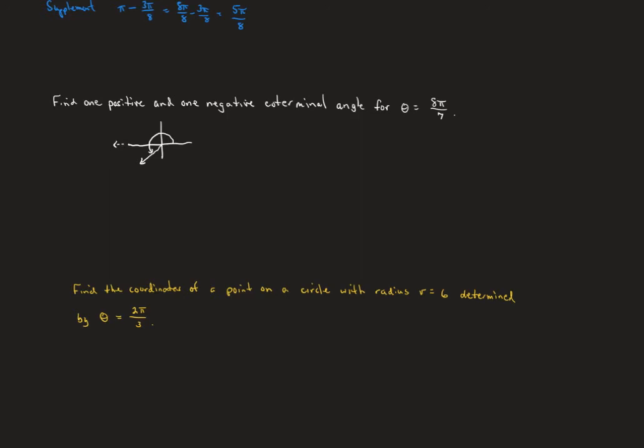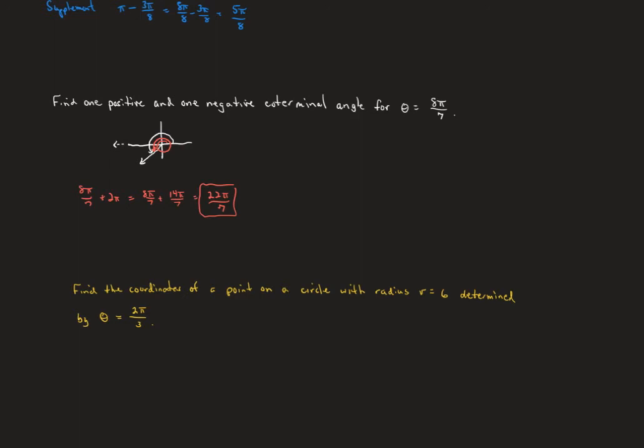To get a coterminal angle, we can take our theta and just add 2 pi to it. That is, we'll go around the circle once and then end up in that same place. So if we get a common denominator, that's going to be 8 pi over 7 plus 14 pi over 7, and so that'll be 22 pi over 7. That's a positive coterminal angle with our angle theta.